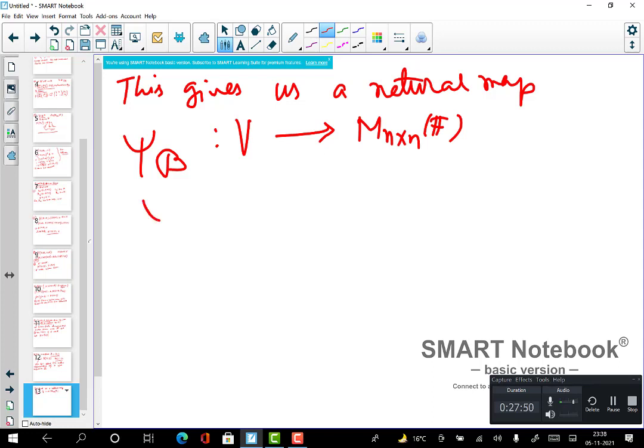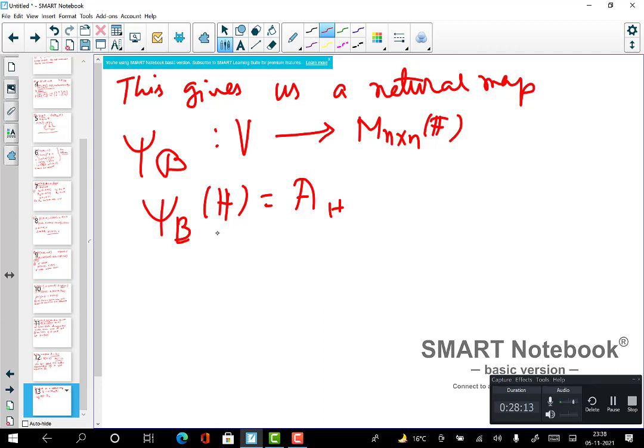What is the image of psi_B of h? It will be that matrix representation of h with respect to the basis B, which you can write as [h]_B, whatever. That is how we define it.